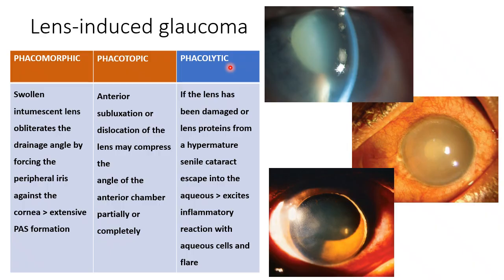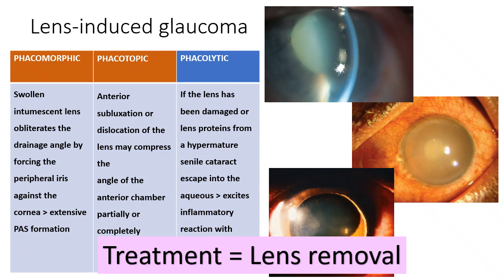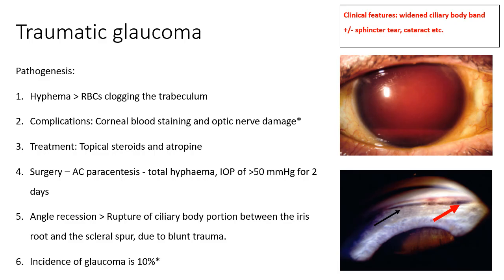Phacolytic means the lens has burst because of being hypermature or because of trauma, and its proteins have been released into the anterior chamber and caused a severe inflammatory reaction. That is what the word lytic means. Because of this inflammatory reaction, there is severe inflammatory glaucoma. Again, that is a secondary glaucoma because of the lens. So treatment, lens removal. It is the lens that is the culprit. So remove the lens, right? That is the treatment of your lens-induced glaucoma.